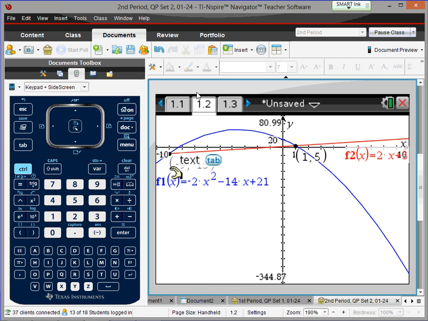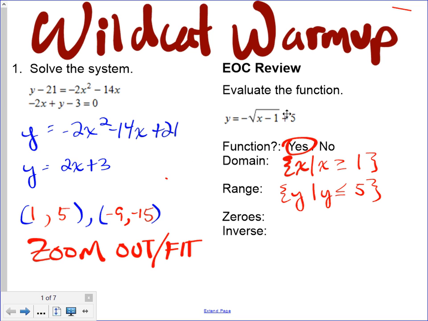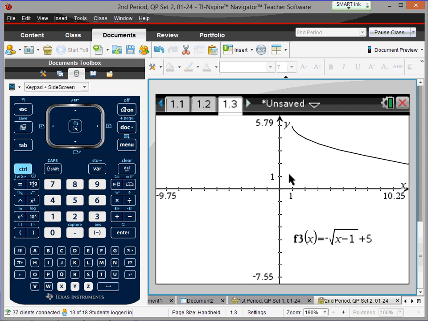So first, there's my graph. I've already filled out a couple things. Yes, it's a function by the vertical line test. The domain is all the numbers to the right of 1, so I think it starts at 1 and goes to the right. Or if you want to say it's coming in and it stops at 1, I guess that's fine too.